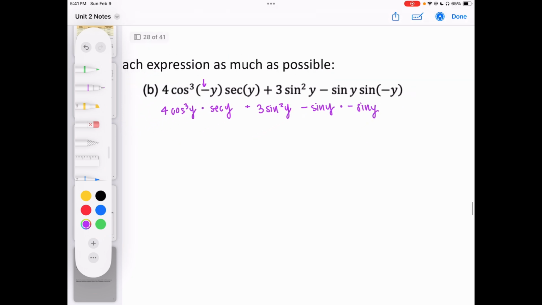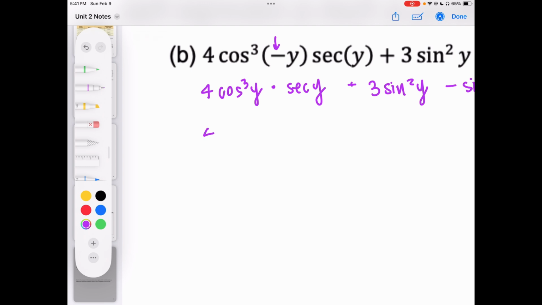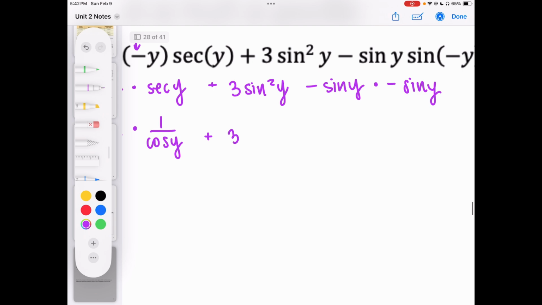Now let's simplify and combine like terms or rewrite things in terms of sine and cosine. My first term is not going to change, so I'll bring it down. So 4 cosine cubed y. Secant I can write as 1 over cosine y. Then I can add 3 sine squared y, and these two will combine and become positive sine squared y.